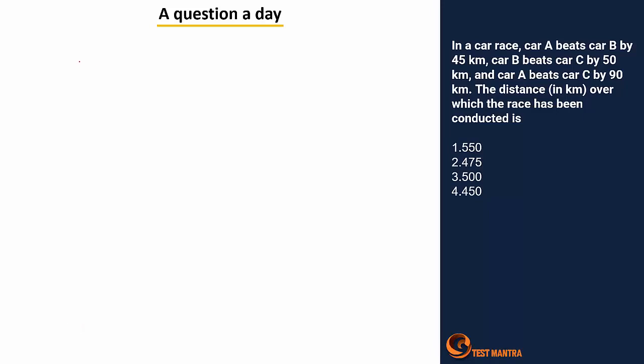Right, so let's take the basic diagram here. Suppose it's a race. According to this, when A finishes the race, at the same time B will be at this point, and A beats B by 45 kilometers.